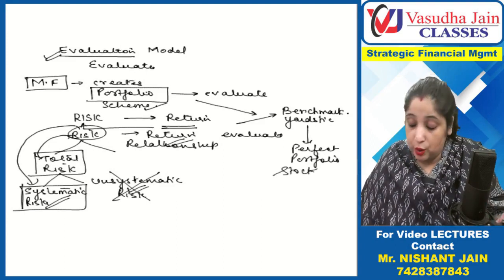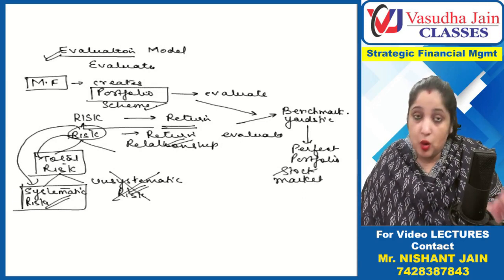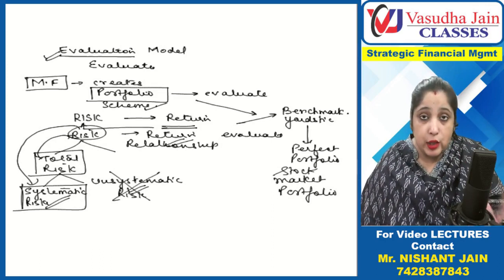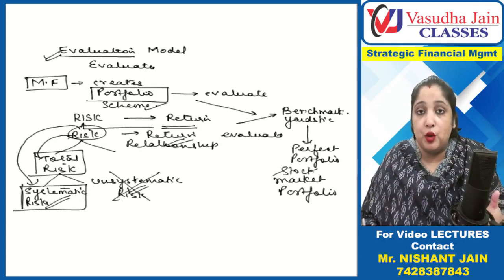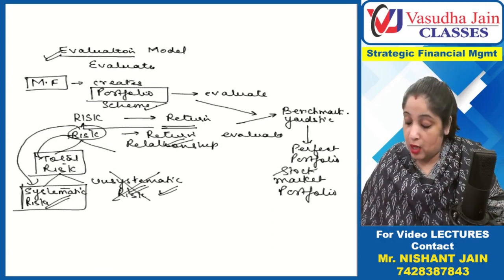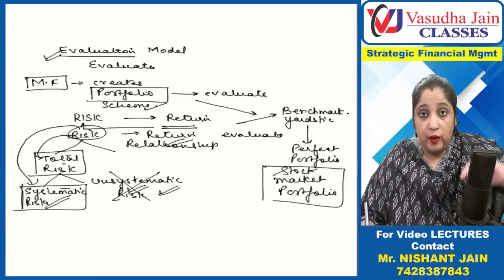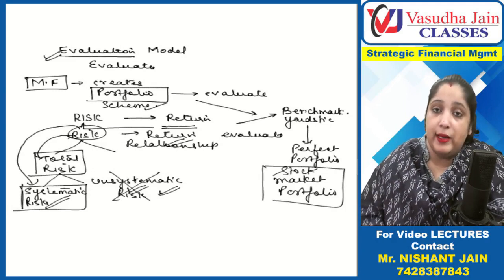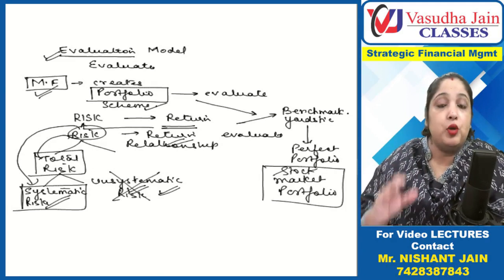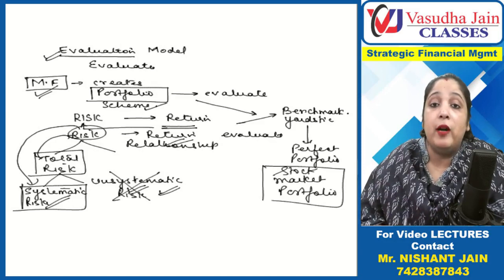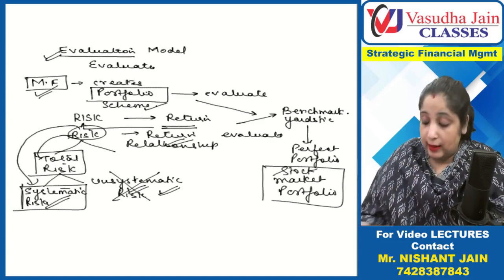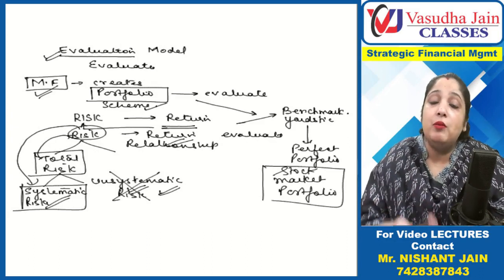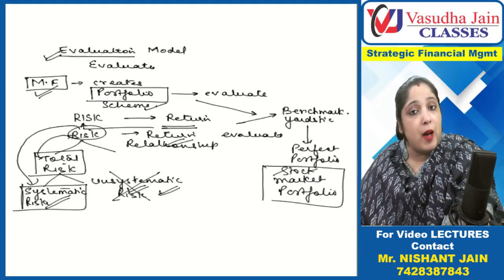I have already taught you in the portfolio chapter that a stock market portfolio is assumed to be a perfect portfolio, because we assume there is no unsystematic risk in it. If the mutual fund portfolio is performing better than the stock market portfolio, then definitely it is doing well. But if it is not, then why would people invest in a mutual fund portfolio? They would invest in the stock market portfolio.